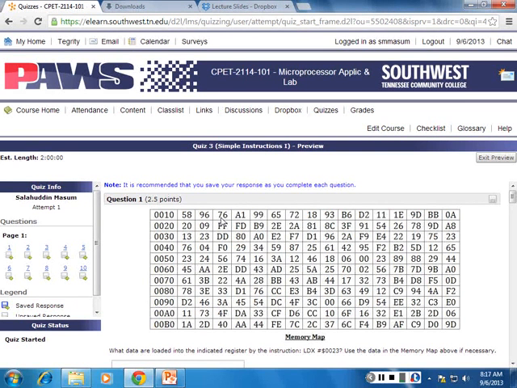If the instruction is immediate, you will never need the memory map because your data is there in the instruction. If it is not immediate, meaning direct or extended, you'll have to look at the memory map. You have to find that memory location and load the data. So all you need to do is write that data. For example, if the question is saying B1, you know that B1 is 2D. So your answer should be only 2D.